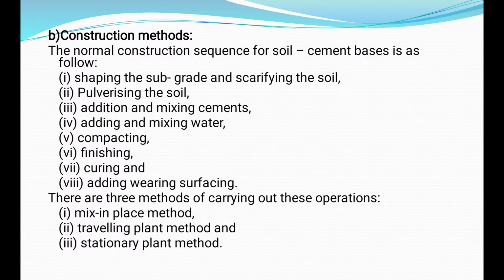Mix in place method means the mixing is done at the place of construction. Traveling plant method means the cement mixing is done at the factory site and comes to the construction train. Stationary plant method means the plant is stationary at the construction site.